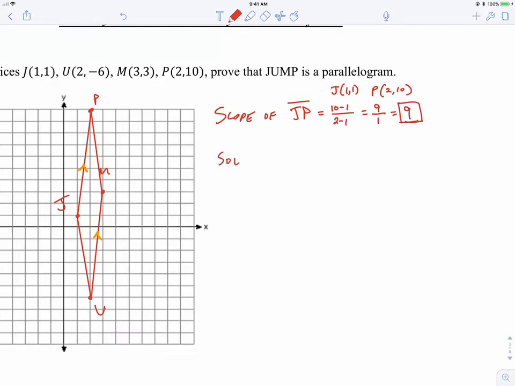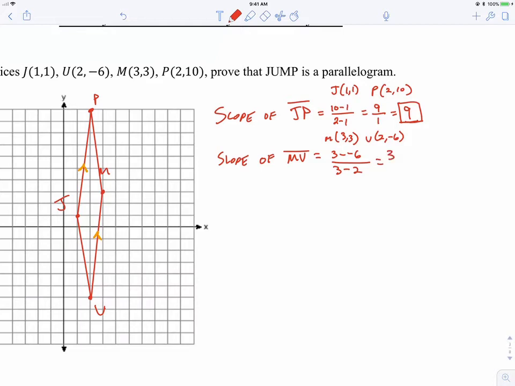Now we're going to check out the slope of MU. Again, M is 3, 3, and U is 2, -6. If I do the Y minus the Y, I'm going to get 3 minus a -6. And then X minus X, I'm going to get 3 minus a 2.